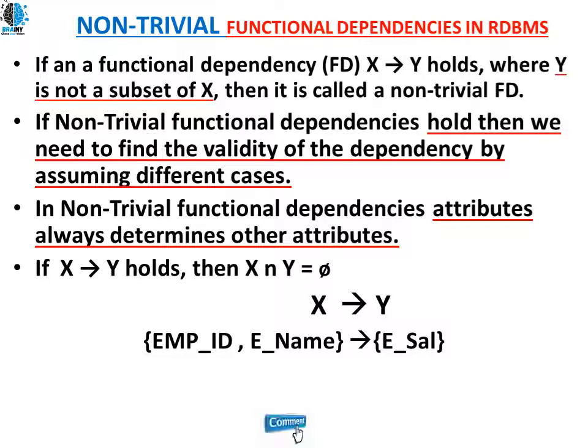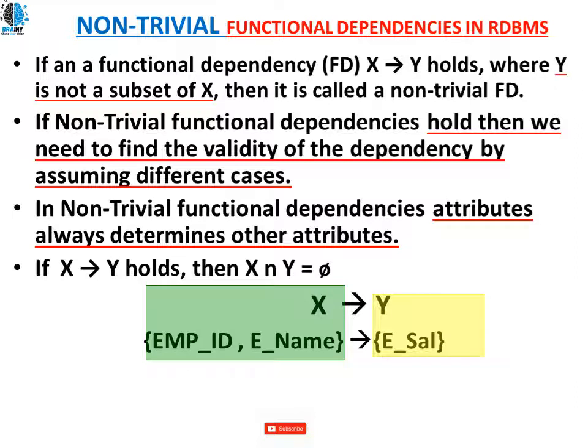So employee salary depends on employee name and employee ID. This is my X value, this is my Y value. Is there any common attribute between these? No. So the intersection of X and Y will be a null set.